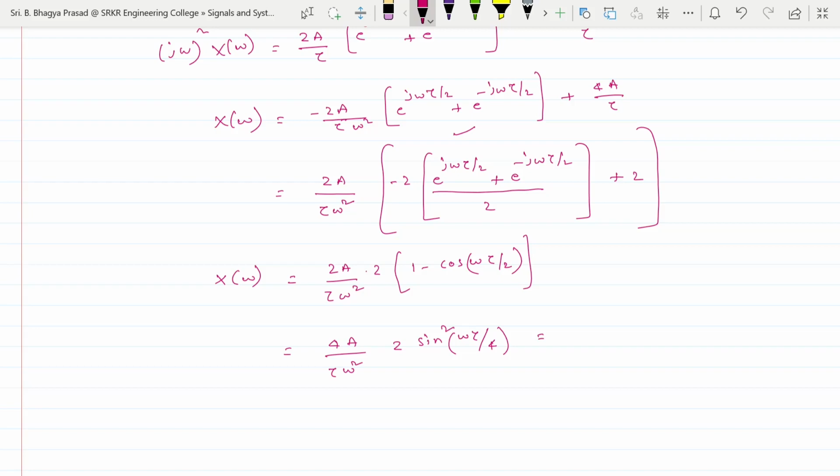So this entire term you can write as sine square, and in the bottom you should get ωτ/4.